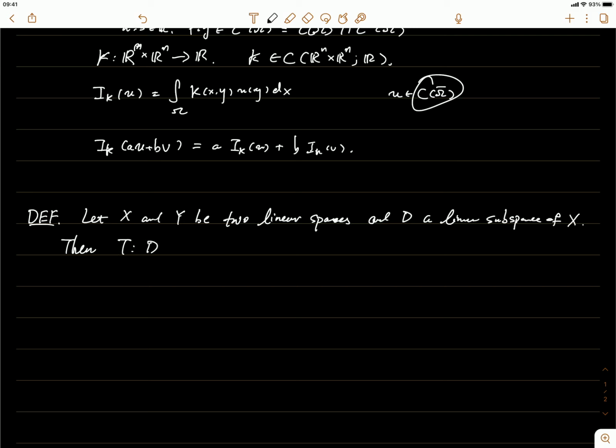T is only a mapping from a linear subspace of X, which is called D here, to Y, and it's not necessary to fill the entire Y, but maybe a subset of Y.